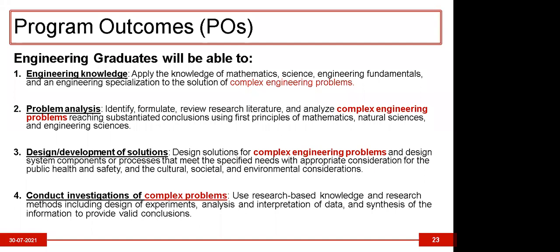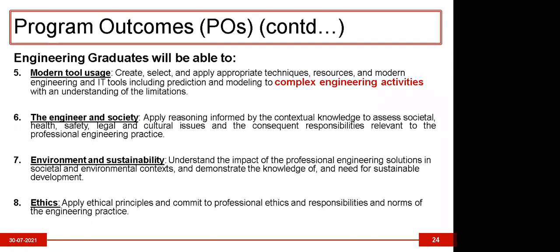Then next, the design and development of solutions for complex engineering problems, and investigation of complex engineering problems. Then the modern tool usage for modeling of complex engineering activities with an understanding of the limitations. It is very important here. We cannot just work on that so that nothing is achievable. So we have to keep the limitations in mind and slowly achieve and expand.